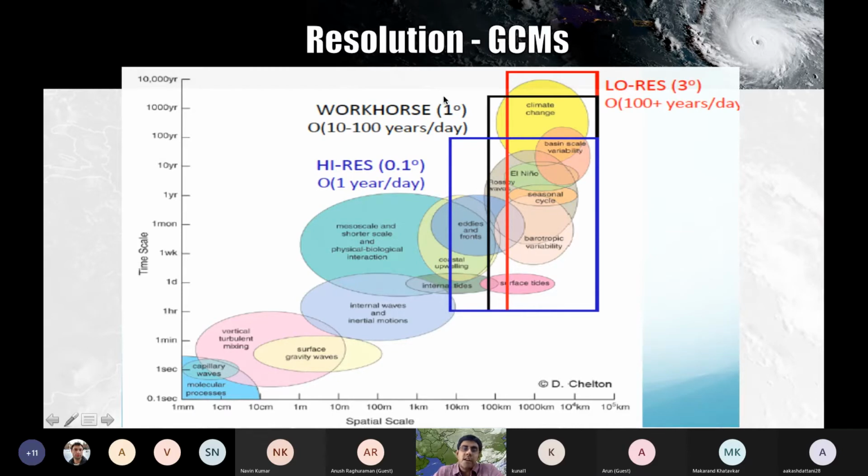So I work with the 1 degree model. There you can get El Nino kind of things better. Then you have one more, which is low resolution, 3 degrees, which is for future climate, like what the climate is going to do in 50 to 100 years. Anything below 0.1 degree is what we call weather. These are the weather models, because they cover the shorter time scale features.